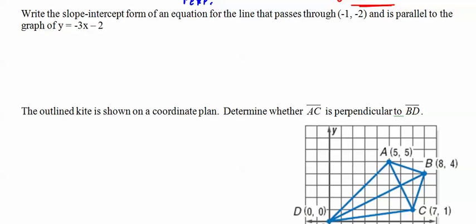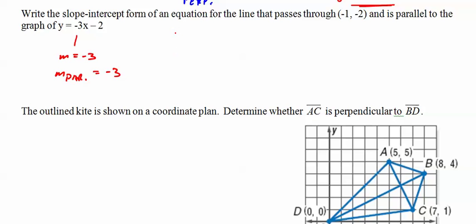So, write the slope-intercept form of the equation for the line that passes through that point and is parallel to this. This one's a little bit quicker, a little bit easier. We say, oh, m equals -3, m parallel, and I almost always write this. I recommend you do too. It's a good habit. Equals -3.